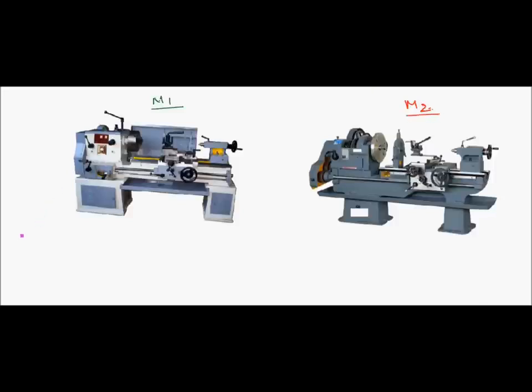Now, first difference between the two is in the setup time, which is given to us in minutes. So for M1, the setup time is 90 minutes, while for M2, the setup time is 120 minutes.